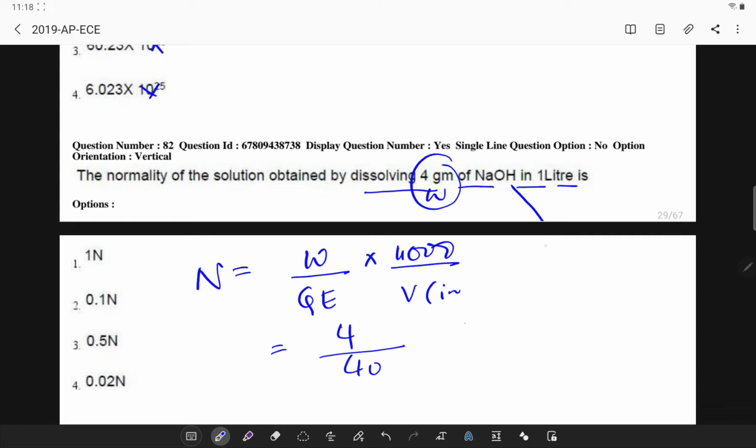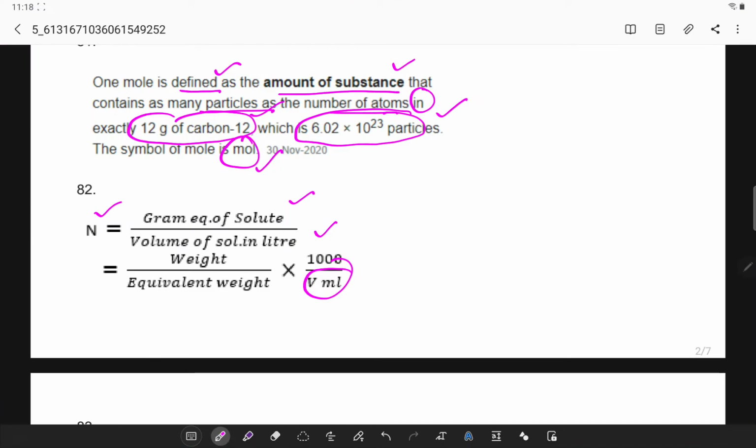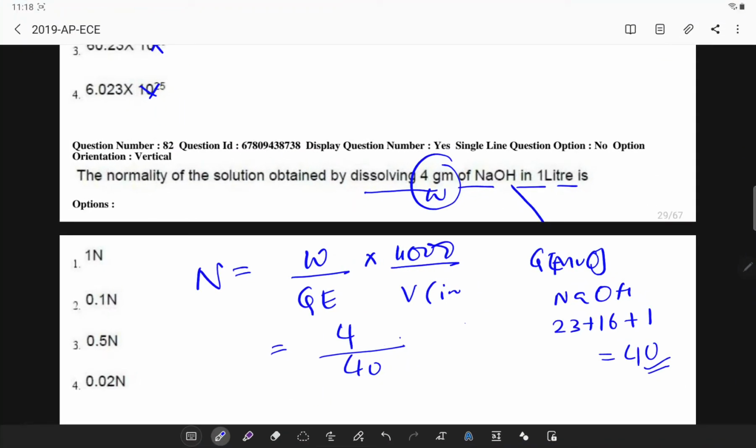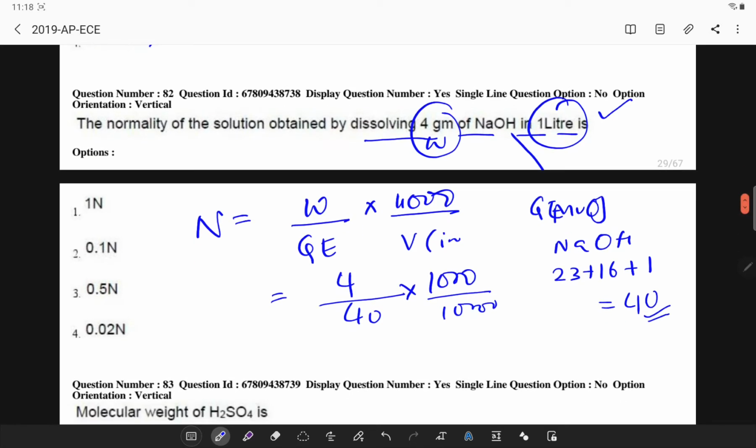How did we get the gram equivalent of NaOH? Na has 23, oxygen and hydrogen, this is 40. So the gram equivalent of the solute is nothing but 40. Here it is given as 1 liter, therefore this is 1 by 10, or 0.1.